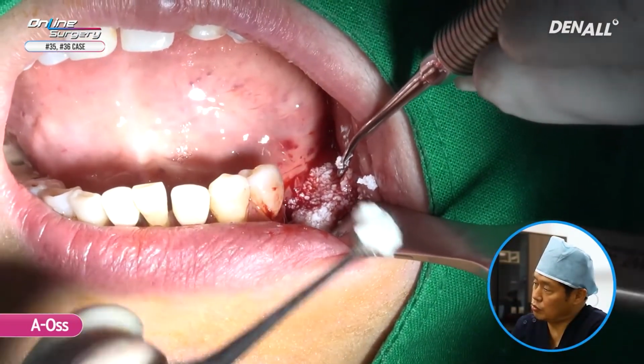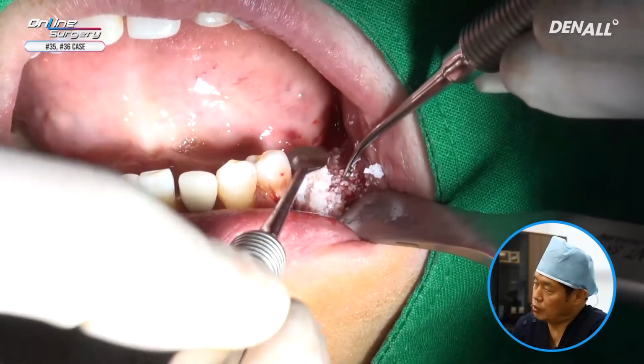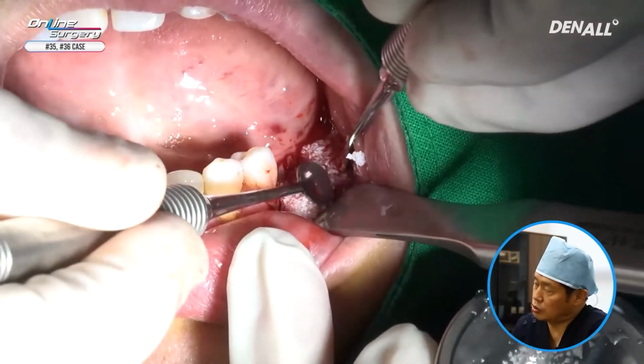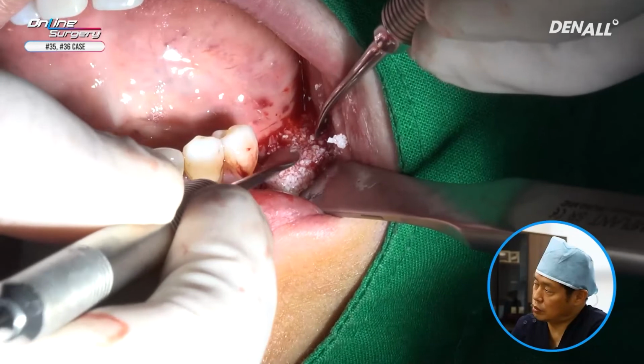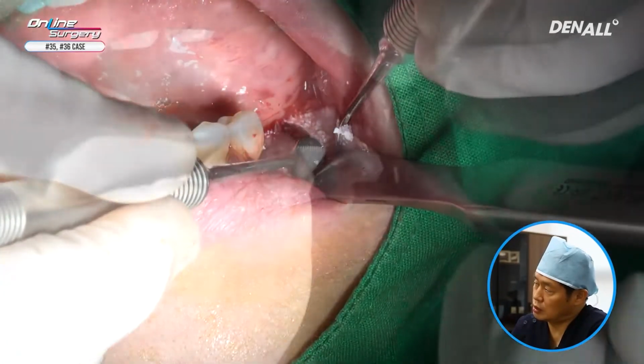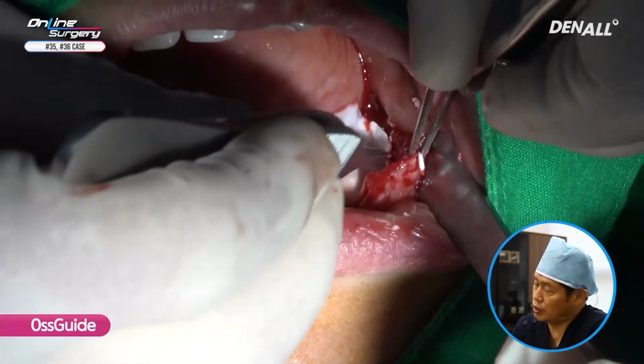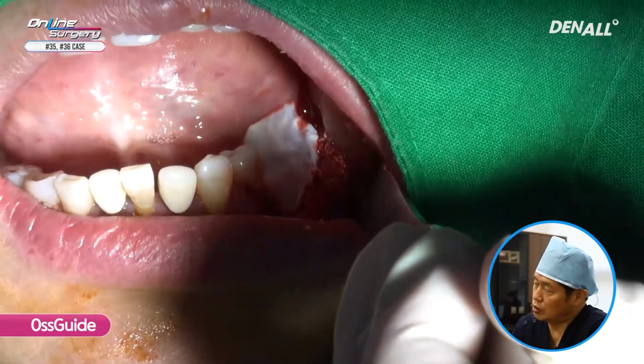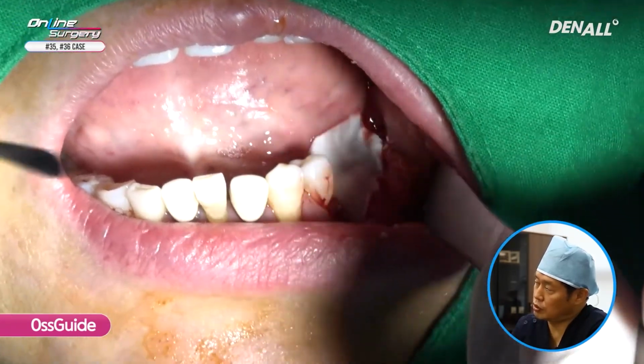On the bone defect in the back, bovine bone, AOS, was used for bone graft. Collagen membrane OssGuide was used to cover here.